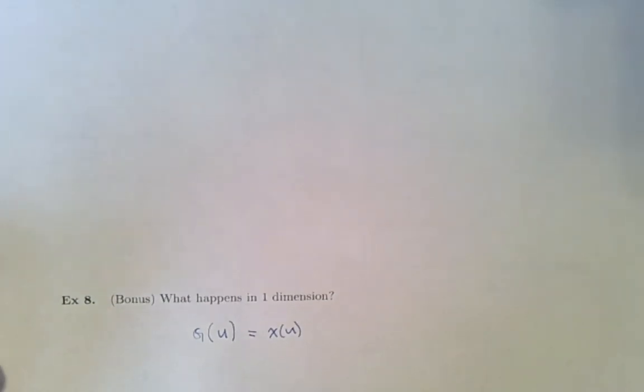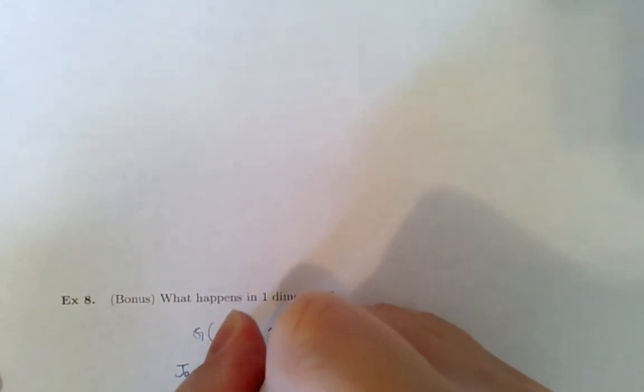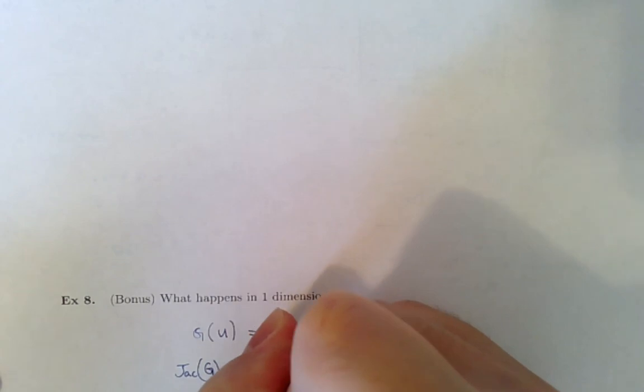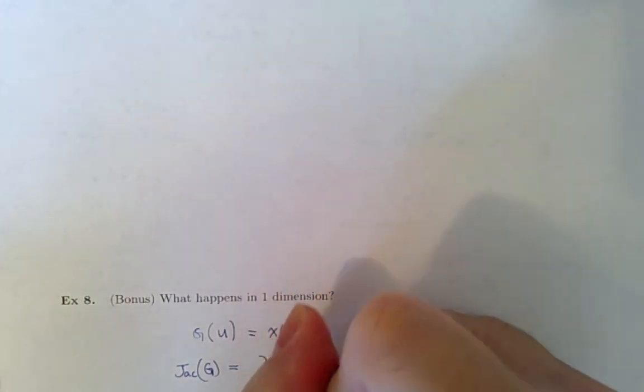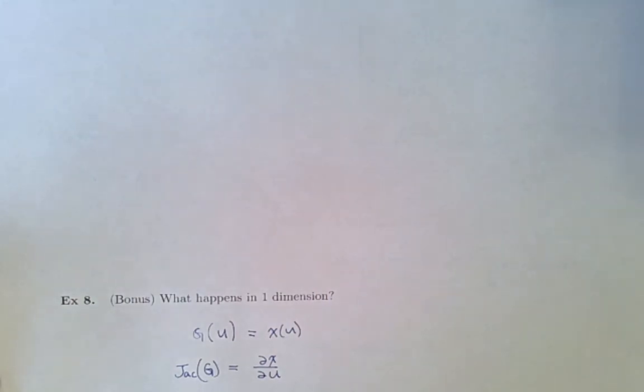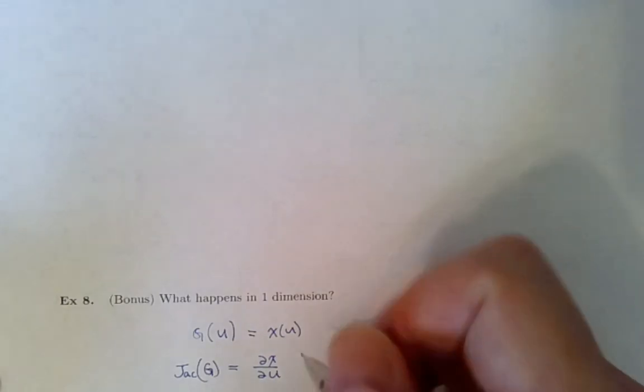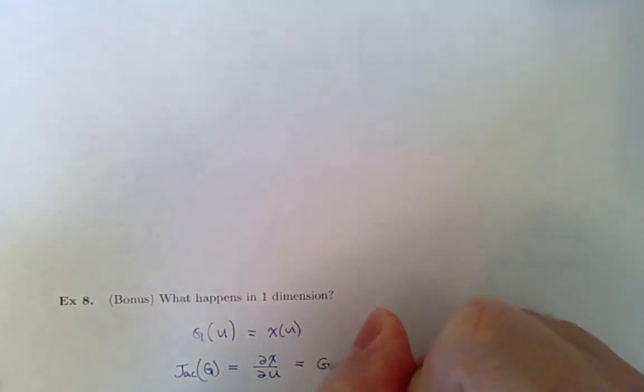Then what is the Jacobian of G? That's the partial of x with respect to u. Actually, that's not a partial derivative. If x is a single variable function, that's just x prime. Maybe let's write this as G prime of u.